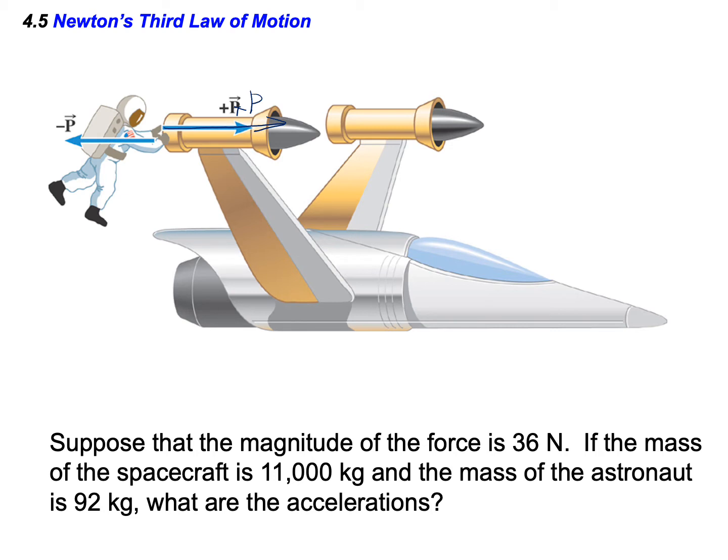So now if you know the mass of the spacecraft, which is given as 11,000 kilograms, and the mass of the astronaut, which is 92 kilograms, you can calculate the acceleration, because from Newton's second law we learned that net force is equal to mass times acceleration.